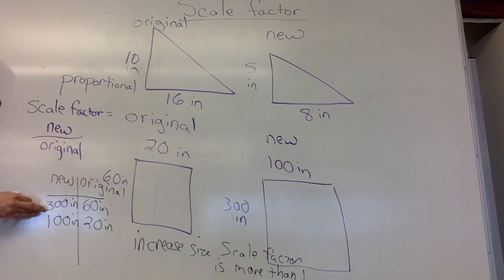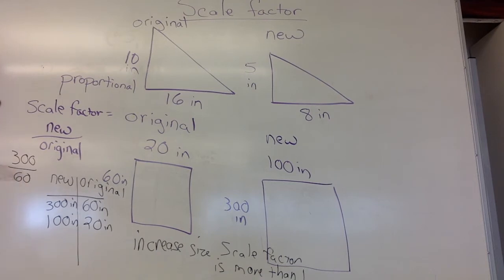So here, for my first corresponding side, the 300 inches to the 60 inches, my new is 300. Rewrite that so you can see it on the screen. So we have 300. That's my new. My original is 60, correct? Okay, we're going to use my shortcuts in math here, where I can cross out a 0. I now have 30 divided by 6, which gives me my scale factor of 5. So for this first one, my scale factor is 5.